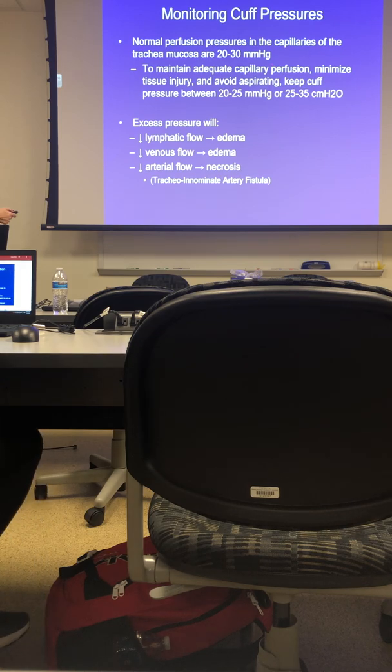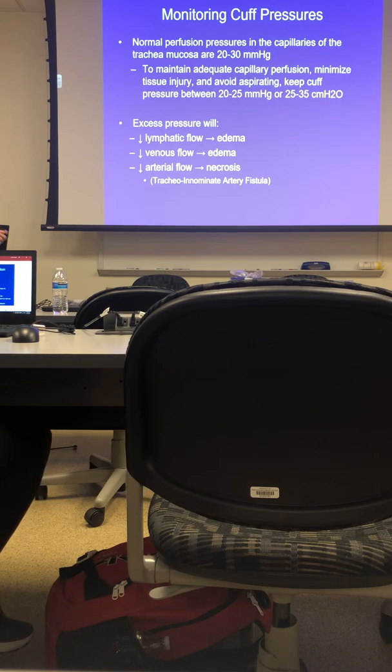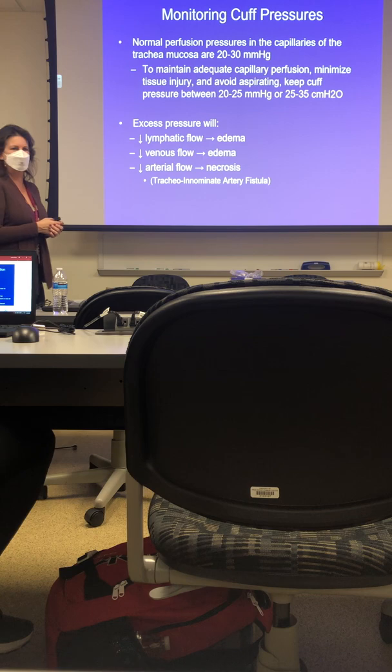If you were to use a blood pressure cuff, we can measure it differently. But for your boards, you need to know both of these numbers. So with a cufflator, we're going to be keeping that cuff pressure at 20 to 25 millimeters of mercury. We want it less than the capillary pressure of the tissues.